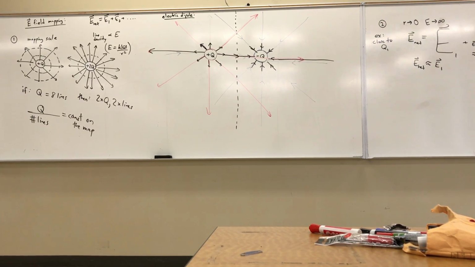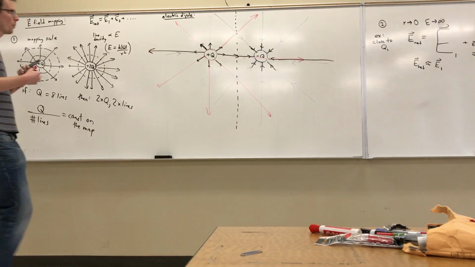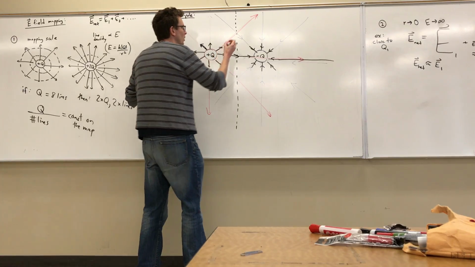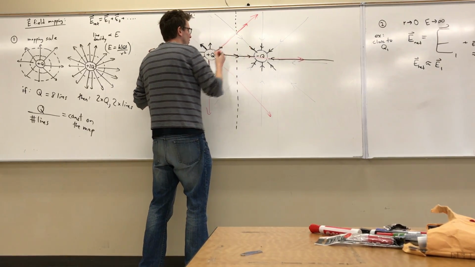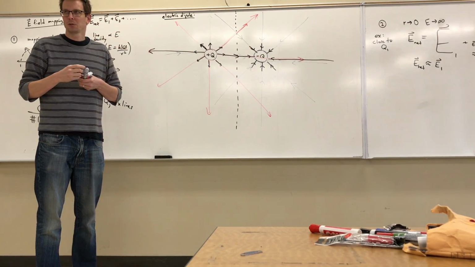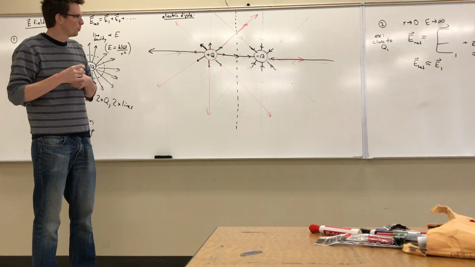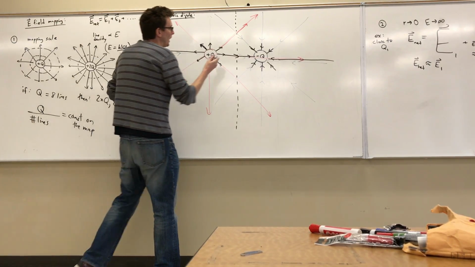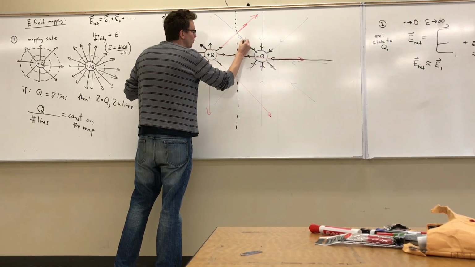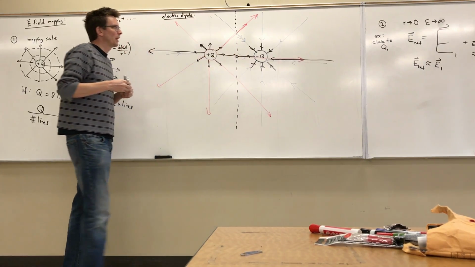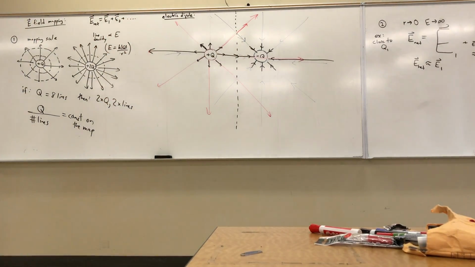Okay, so that is the next symmetry axis that this situation would have. So let's take a look at some arbitrary point along that line. We have a contribution from the positive charge, which is of course always radially away, so points like that. And we have a contribution from the negative charge, which always is towards it. So those are our two contributions.